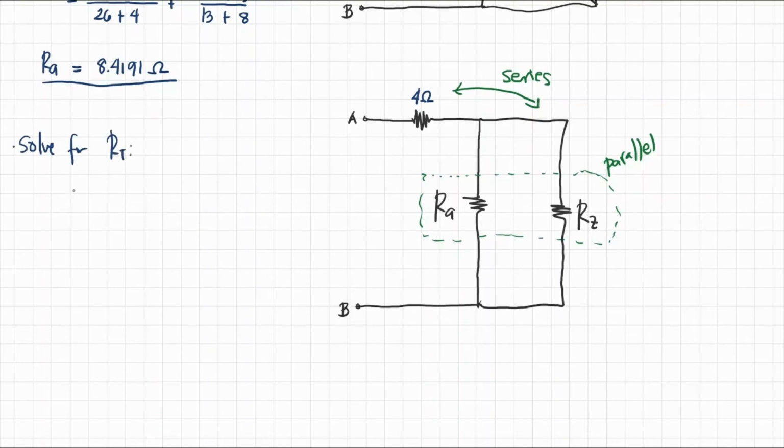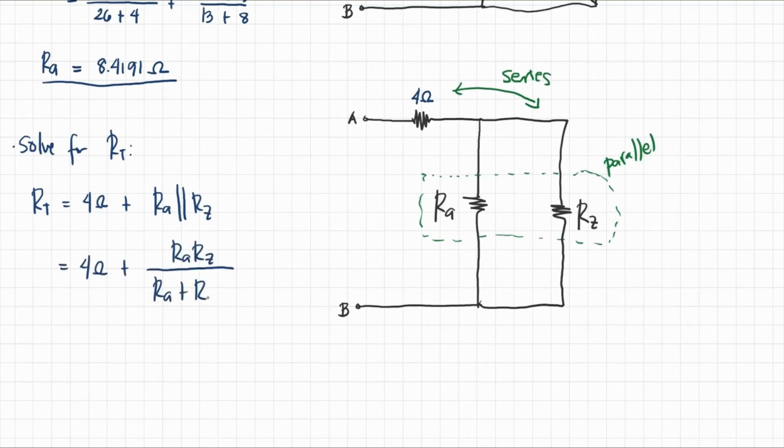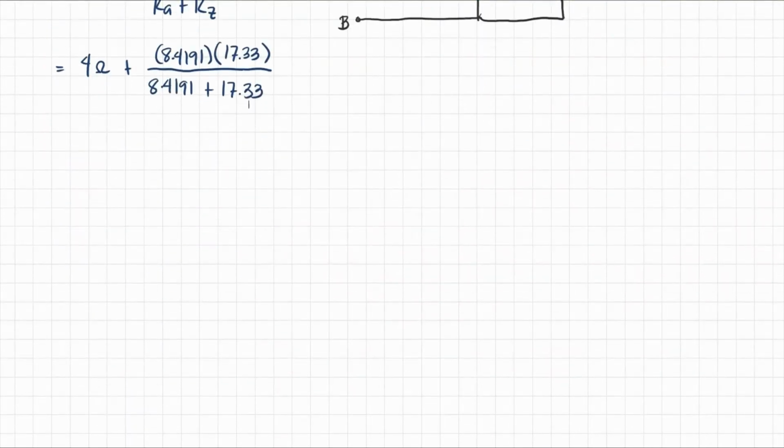Therefore, we can already solve for the R total by just adding the 4 to the parallel combination of Ra and Rz. We just have to substitute the values of Ra and Rz. Then we can calculate the total resistance, which is equal to 9.67 ohms.